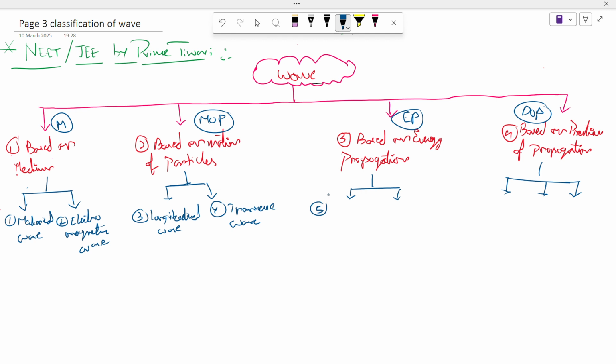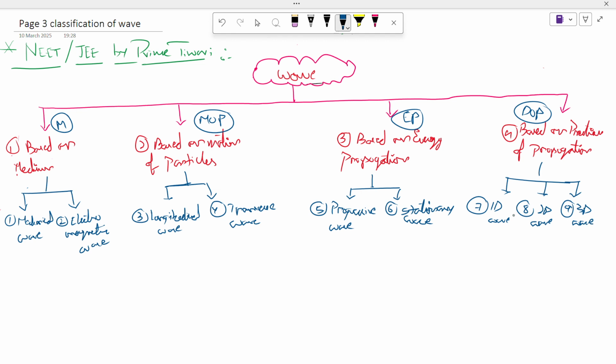The fifth one is progressive wave. The sixth one is stationary wave. The seventh one is 1D wave. The eighth one is 2D wave. And the last one is 3D wave.